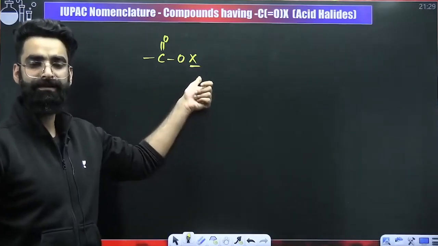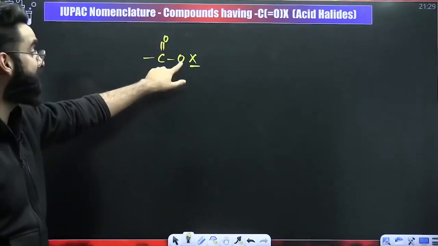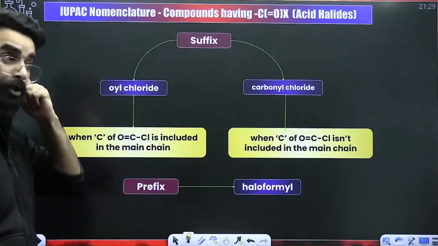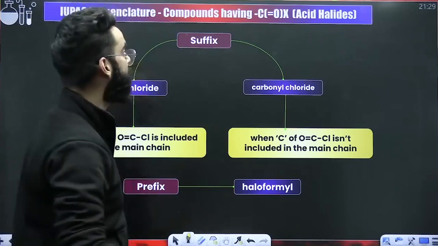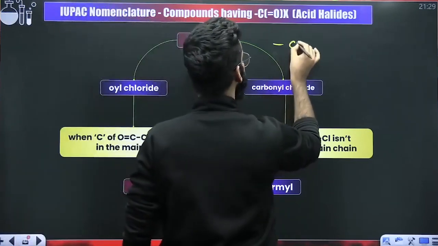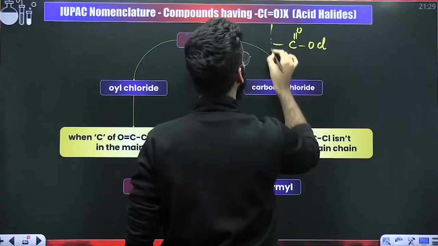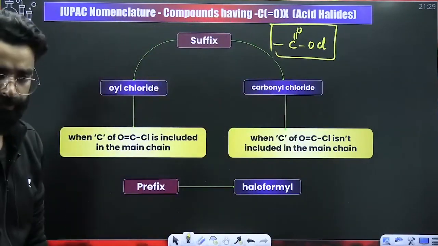Right now I'm going to talk about acid chlorides only. C double bond O, Cl. This is your acid chloride.